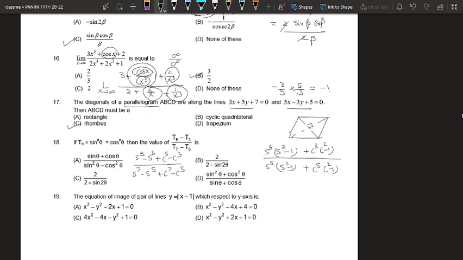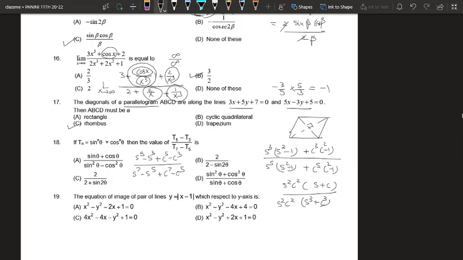Now s square minus 1 is minus cos square, and c square minus 1 is minus sine square, so we get s cube c square. If we take s square c square common from the numerator, we get s plus c with a negative sign. The negative is cancelled out from both numerator and denominator. In the denominator, we get s square c square times (s cube plus c cube).